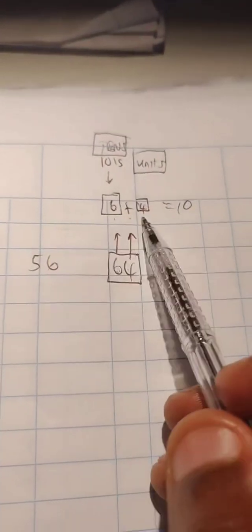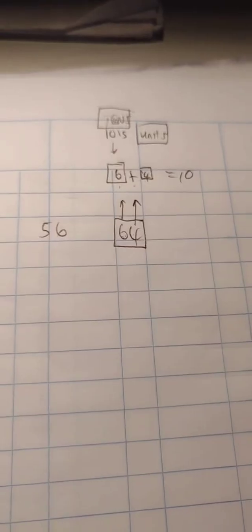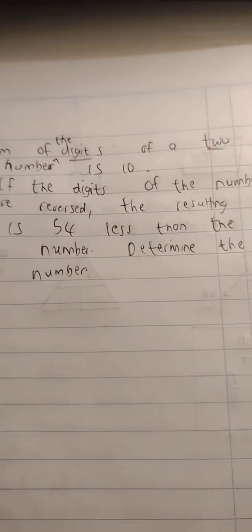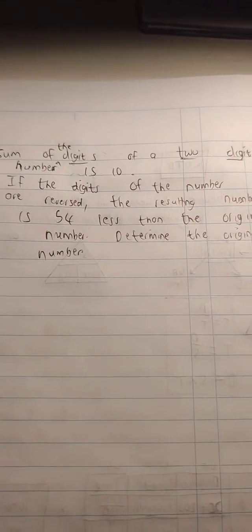So they are saying the sum of those 2 digits gives you 10. Just like, for instance, 6 and 4 would give you 10, but the number is 64. Does that make sense? I'm trying to unpack the meaning of what is being said in the statement so that you and I can set up things correctly.